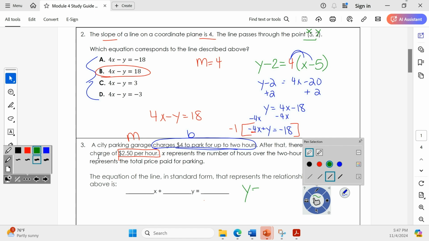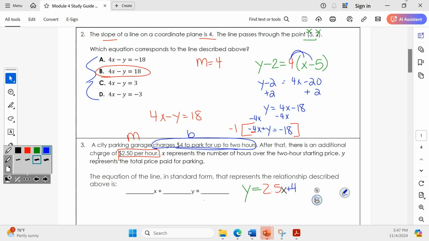So y is equal to 2.5x plus 4. Now that I have my equation in slope-intercept form, I do need to rearrange it to standard form because something x plus something y equal to something means that it's in standard form.